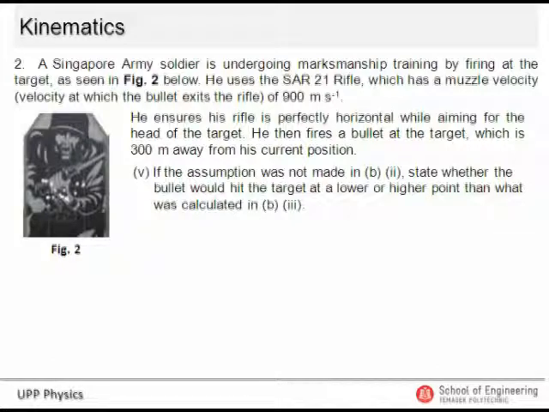If the assumption was not made in B part 2, state whether the bullet would hit the target at a lower or higher point than what was calculated in B part 3. So let's recap what we already found in B part 2. Now what was the assumption made in B part 2? If you couldn't remember, the assumption is that air resistance is equal to 0.